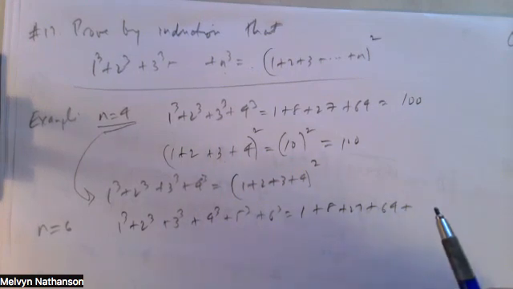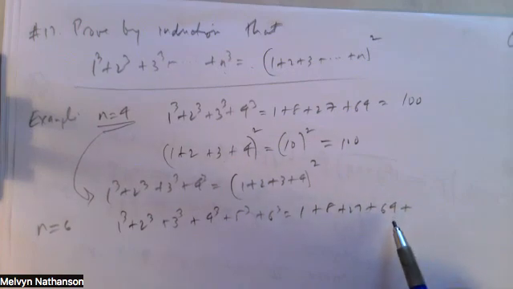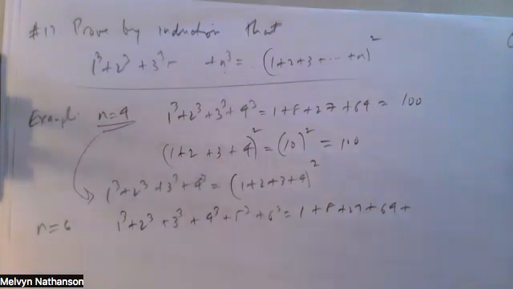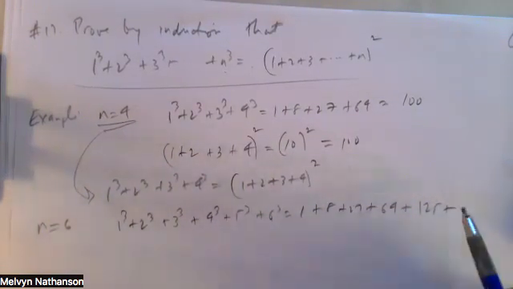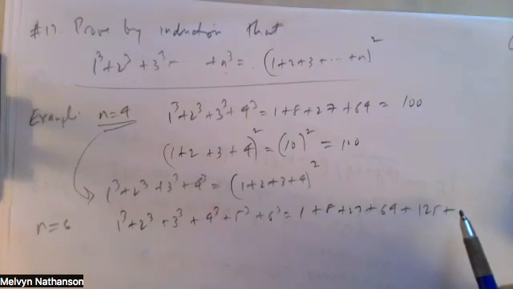What is 5 cubed? 125. What is 6 cubed? 216.